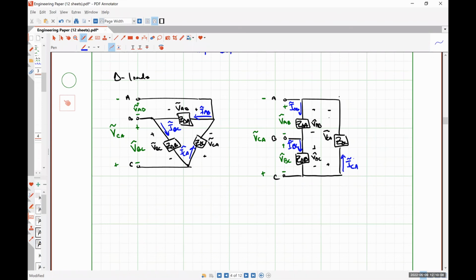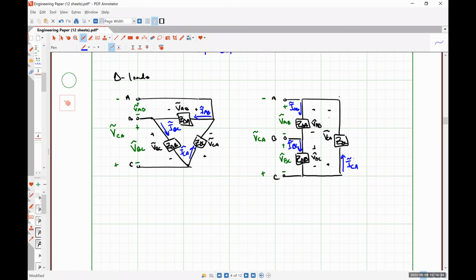We can have a Y-delta system where the source is Y-connected and the load is delta-connected. We can have a delta-Y system where the source is delta-connected and the load is Y-connected. Or we could have a delta-delta system in which the source and the load are both connected in delta. Okay, there's just 4 different combinations.